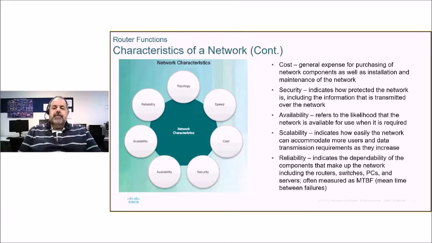So availability basically is how much time it is available for use, and the more the better, I suppose. Scalability means basically, can this network grow without groaning? Can it grow and still handle the traffic? And then reliability is basically, do you have single points of failure?